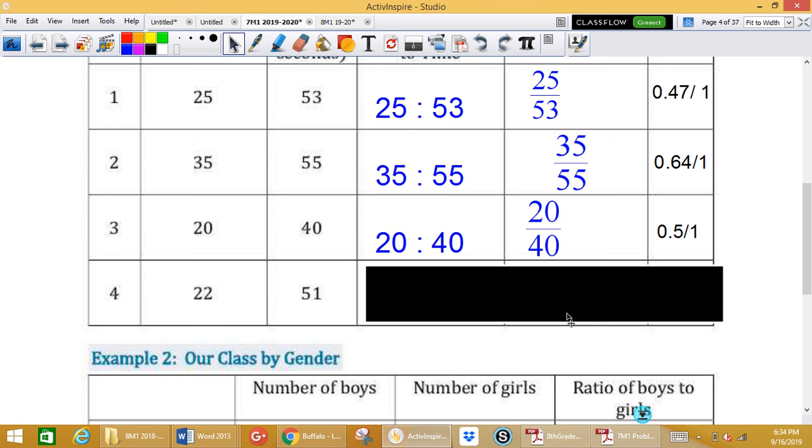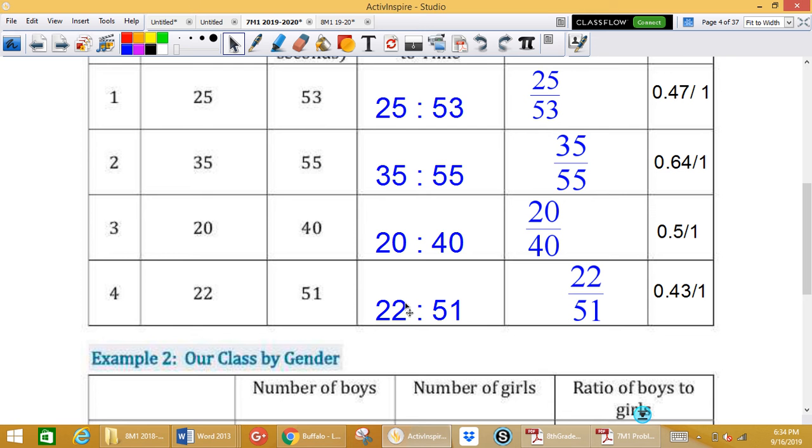And our last one is 22 papers in 51 seconds. So 22 to 51, 22 over 51, so that's 0.43 of a paper in 1 second.